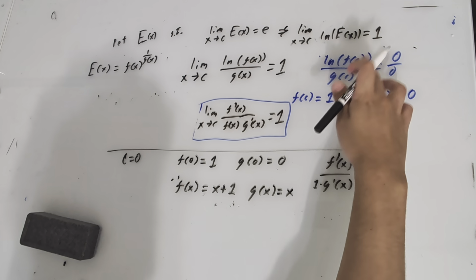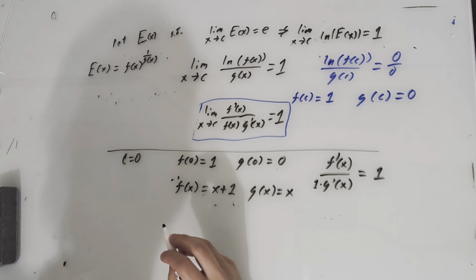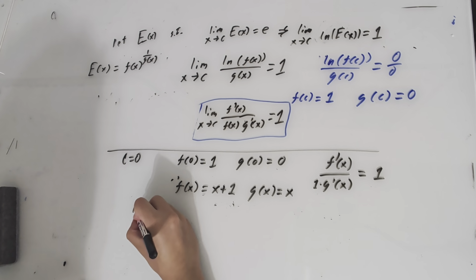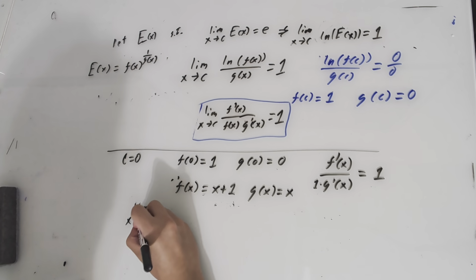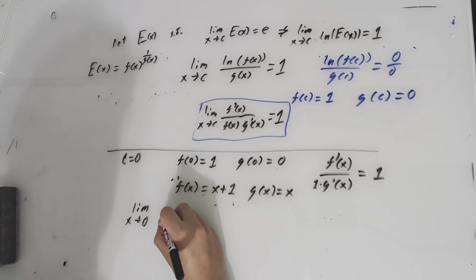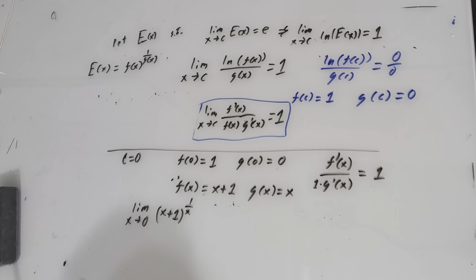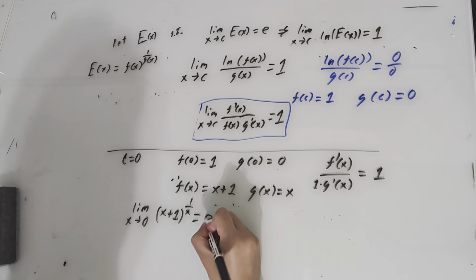You can verify that this gives us an indeterminate form. Exercise for the viewer. All right, so let's take the limit as it approaches 0 of x plus 1 to the 1 over x. Now, that equals e.